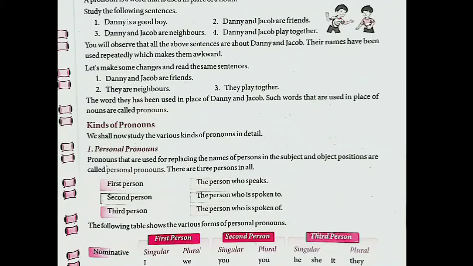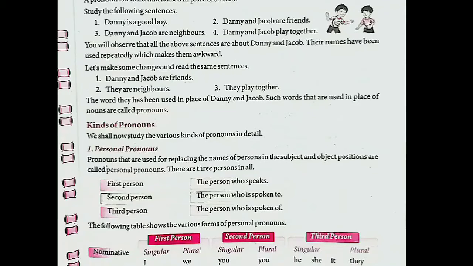The third person is the person who is spoken of, जिसके बारे में बोला गया है. फर्स्ट पर्सन जो बोल रहा है, सेकंड पर्सन जो सुन रहा है और थर्ड पर्सन जिसके बारे में बोल रहे हैं. That third person may or may not be present.